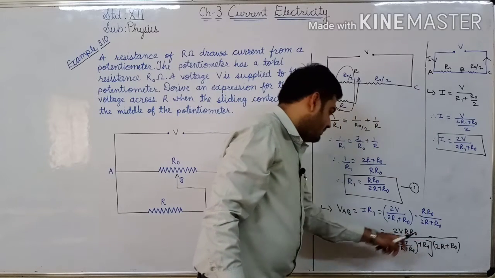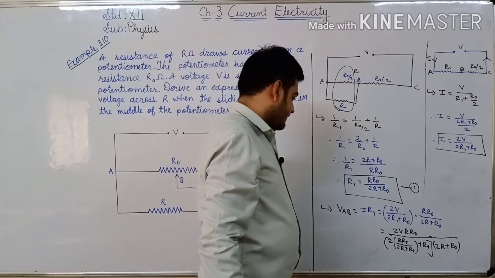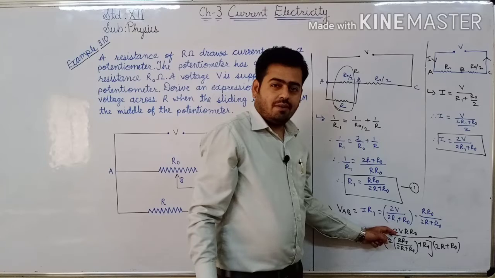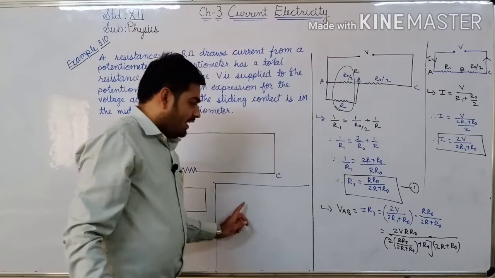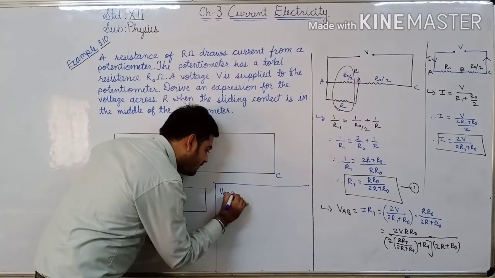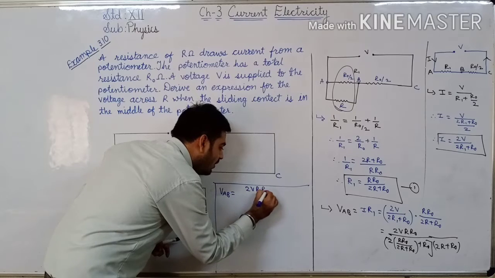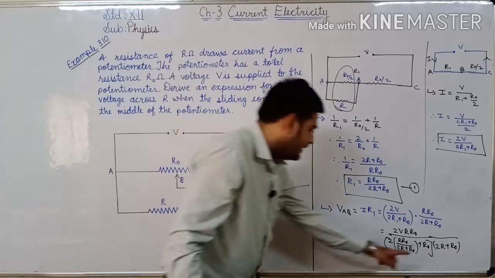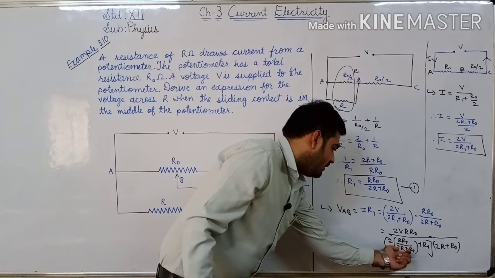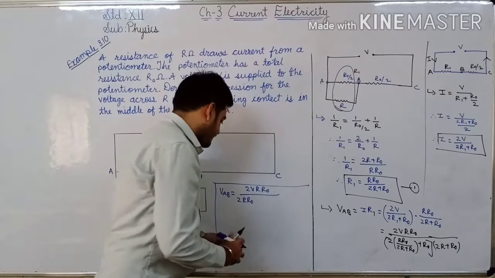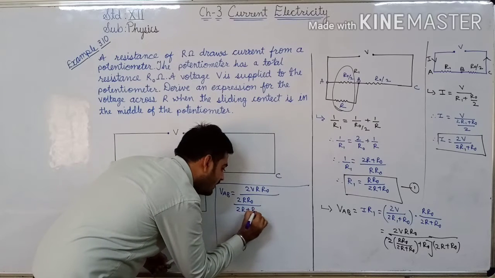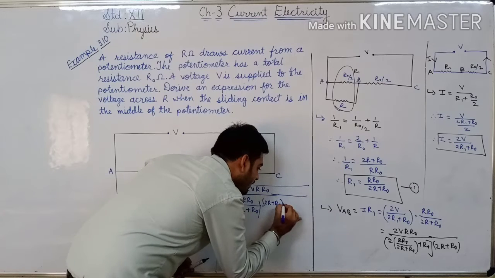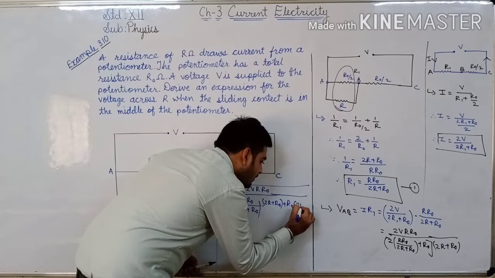If we multiply this 2R plus R0 inside the bracket, then this can be written as... ये क्या मिला हमें VAB। चलो आगे लिखता हूं मैं VAB इज इक्वल टू, क्या बनेगा, 2VRR0 upon 2RR0 into 2R0 upon 2R plus R0 into 2R plus R0.